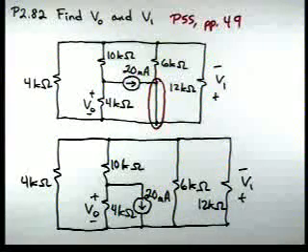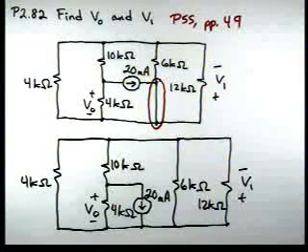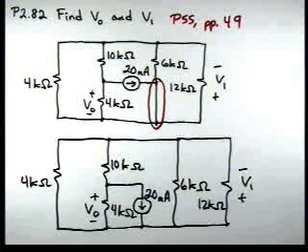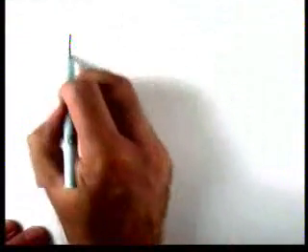So now what we're going to do is begin to combine these in series and parallel. And once we reduce it down to a source and a resistor, then we'll work our way back. So for instance, these two are in parallel, so let's redraw the circuit combining those in parallel.